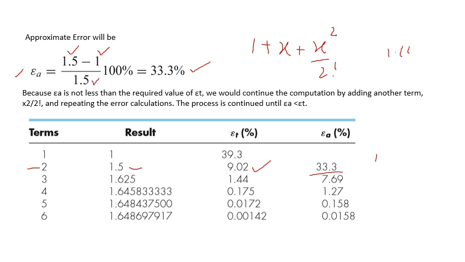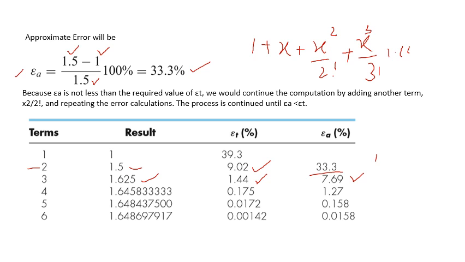Now when you add three terms, you get a result of 1.625. Then you get percentage true error of 1.44%, then 7.69%. As you go on adding terms in the series of e raised to x, this error is going to decrease.